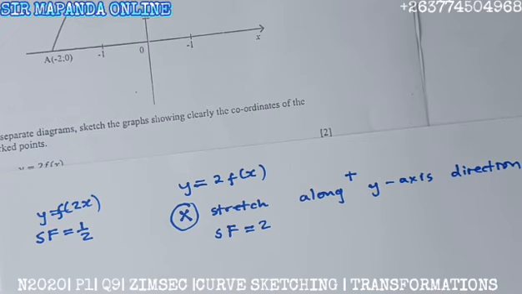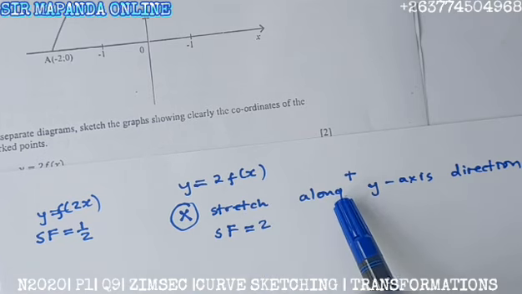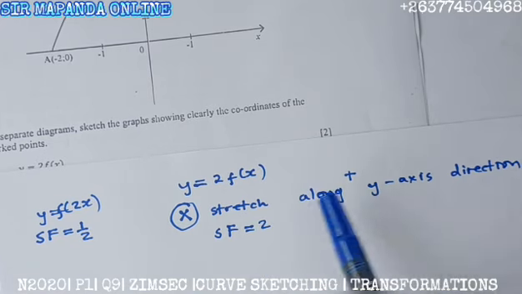But if the multiplication takes place outside the bracket, it's a stretch along the y-axis. Then for x-axis, the number 2 is not taken as it is, but the stretch factor is the reciprocal of 2, which is half. Then for y-axis, you take the number as it is. So in this case, we have a stretch which is along positive y direction, and the stretch factor is 2, since the multiplication is taking place outside the bracket.